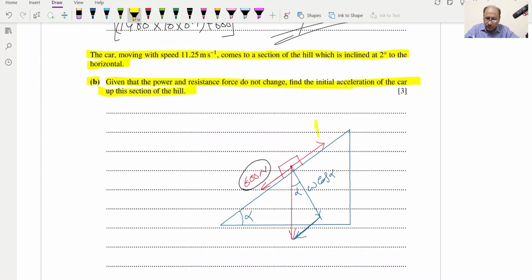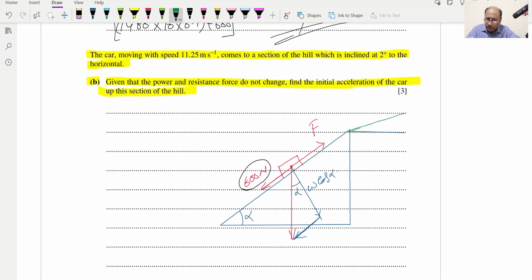So this will be F force, and now in this part they are saying this is like the horizontal line which we can draw over here. This is horizontal line. Now this inclined plane is making an angle of this one, like from here.